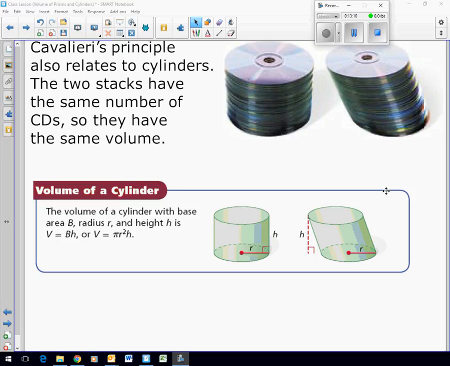And look how they calculate the height. They've drawn this for you. The height is the same in both of them. True or false? They have the same volume. True. It's true. All it means is that it's pushed over, alright?